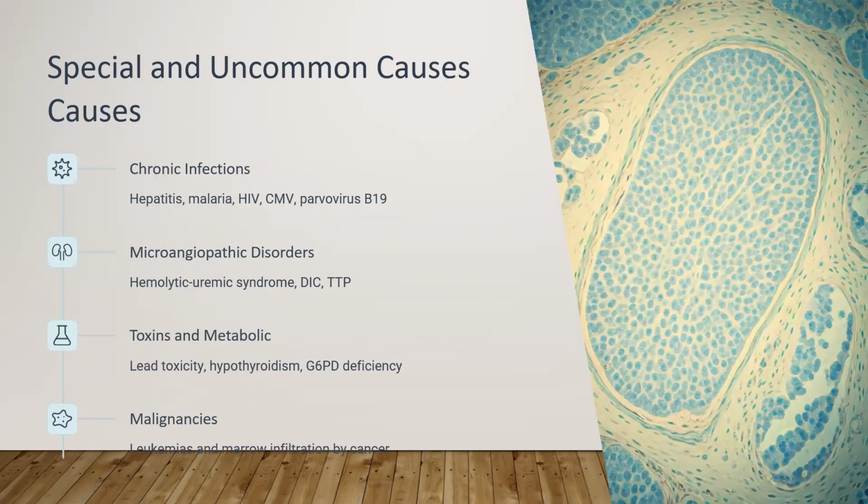Special and uncommon causes of anemia are chronic infections, hepatitis, malaria, HIV, cytomegalovirus, parvovirus B19, and microangiopathic disorders such as hemolytic uremic syndrome, DIC, TTP, toxin and metabolic causes like lead toxicity, hypothyroidism, glucose 6-phosphate dehydrogenase deficiency, and malignancy such as leukemia and bone marrow infiltrations.